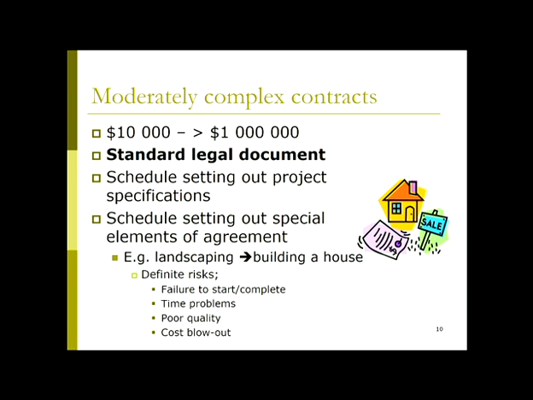So, for example, renovating a house. The contract might be 60 pages long, but it will go through the kitchen, where it will specify the bench tops, the price allowed for the tiles on the wall, the sorts of electrical goods that you're going to put in it.